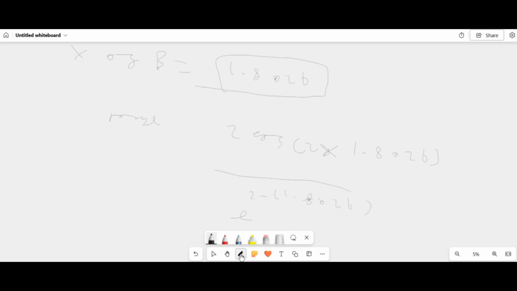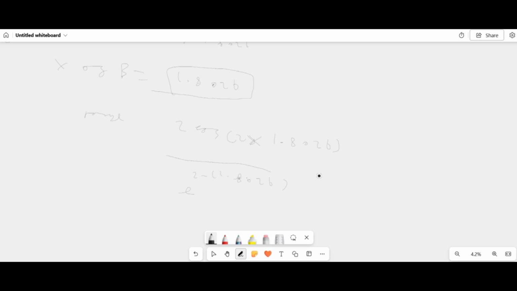If you put that in your calculator, it will give you minus 1.47.